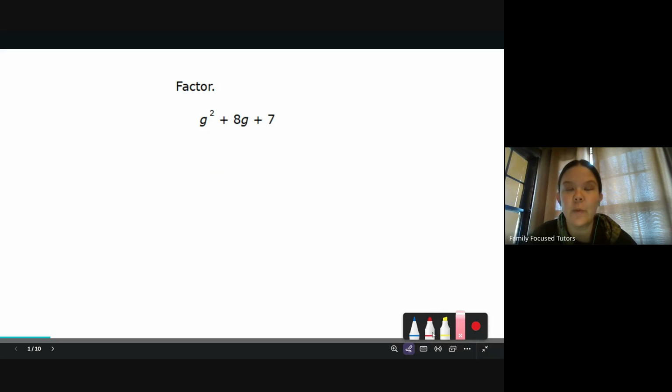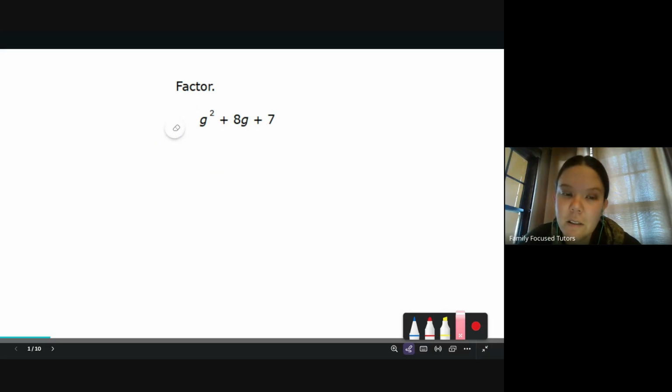Since our first term has a coefficient of 1, we just have to look at the third term, which is 7, and figure out what factors of 7 we can use to create 8. Because remember, the AC method wants us to use the factors of 7.